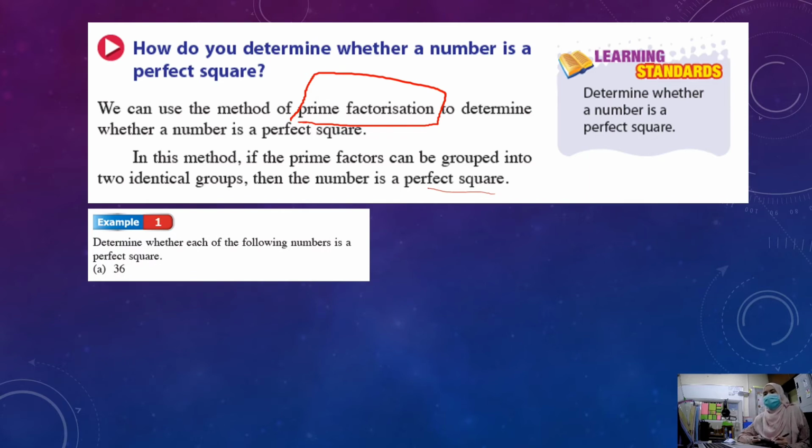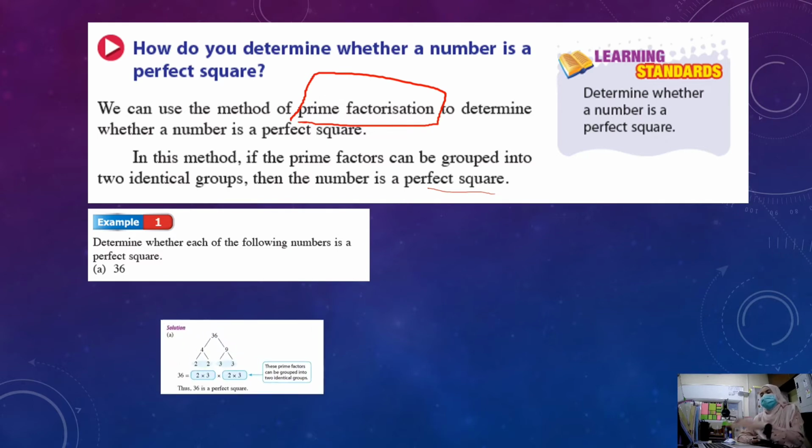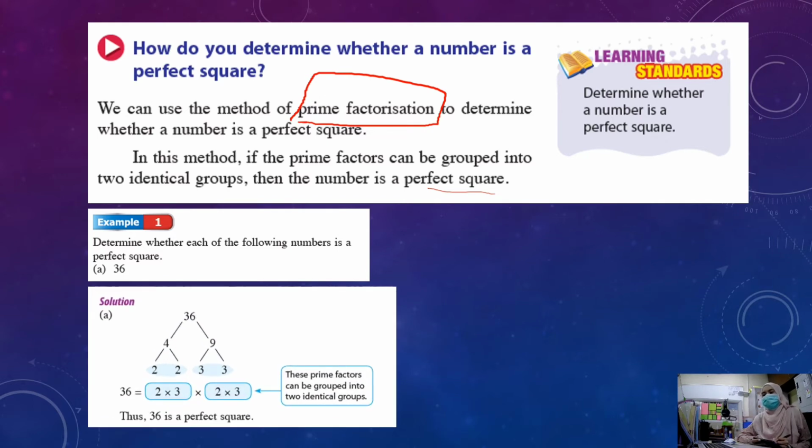Example 1, determine whether each of the following numbers is a perfect square. Question A, 36. Now, we need to determine whether 36 is a perfect square. The solution is using a factor tree. We list out the prime factors of 36.